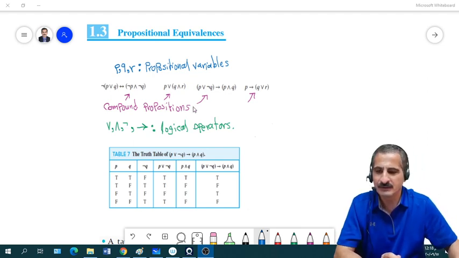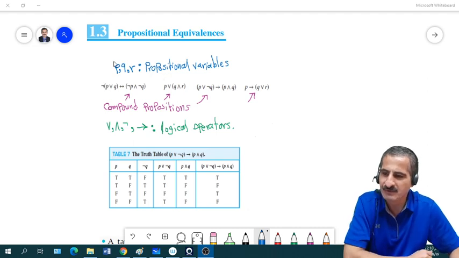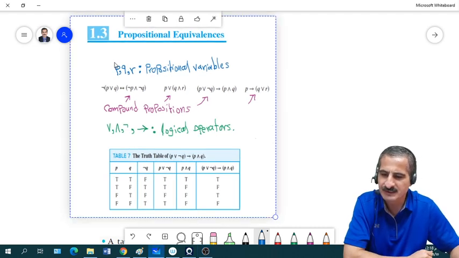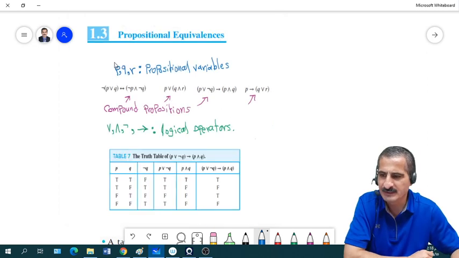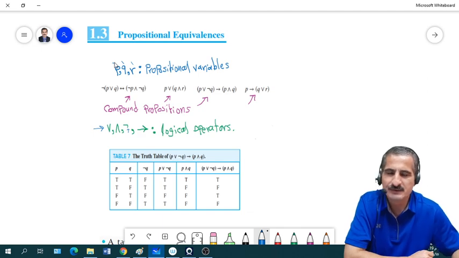We denote the propositional variables with letters such as P, Q, R, and S, and these are the logical operators: the disjunction, the conjunction, and the negation. So we use propositional variables along with logical operators to form compound propositions.